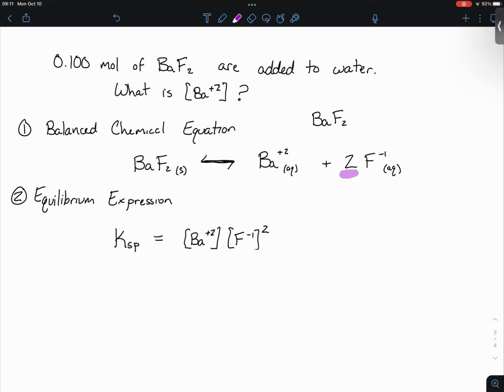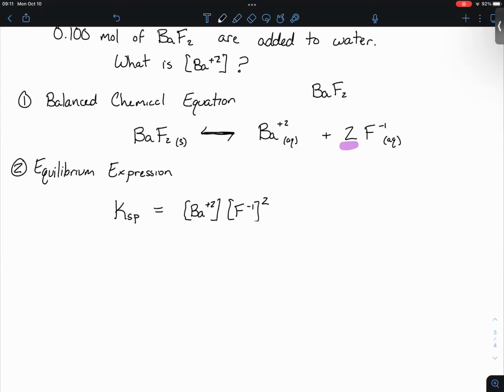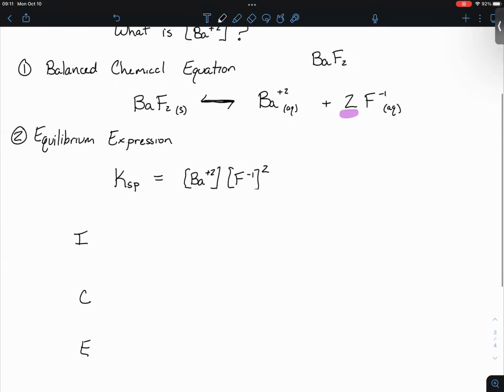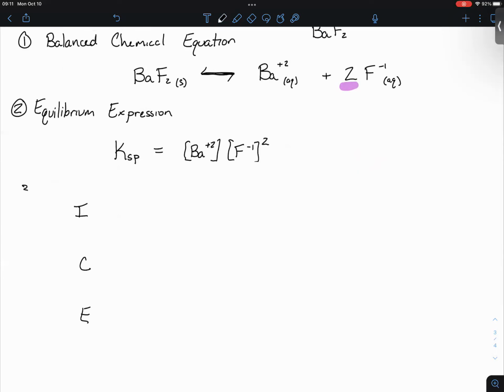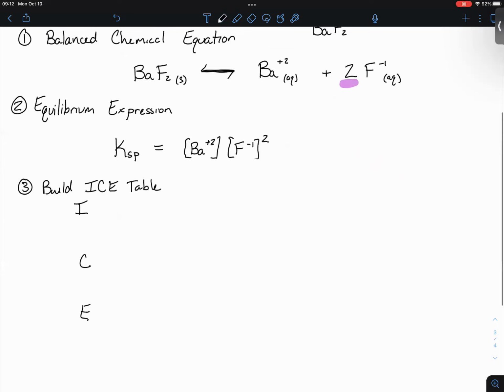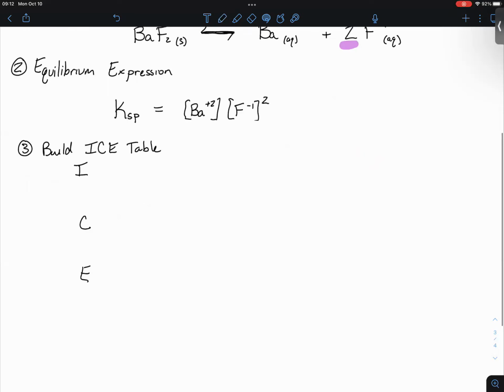All right, so now we're going to build our ice table, right? Because this is how we fill in. So step 3, build an ice table, because that's how we fill in our equilibrium expression.